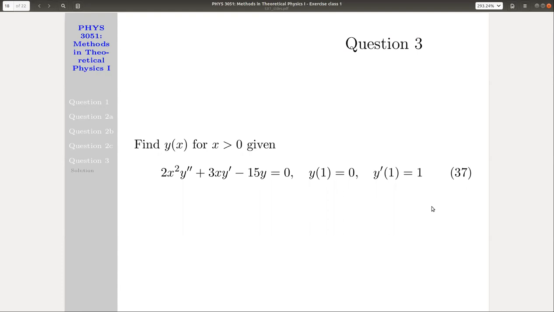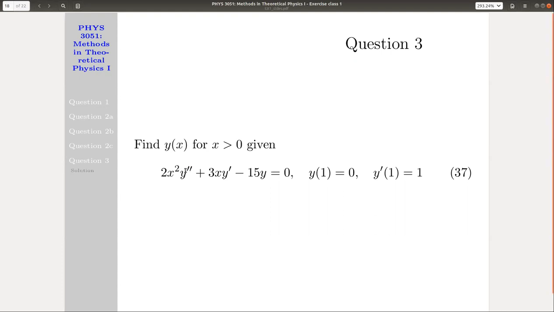And lastly, for question 3, you should recognize this differential equation as a so-called Euler differential equation. If you see a differential equation where the coefficients are powers of x whose order matches the order of the derivative.